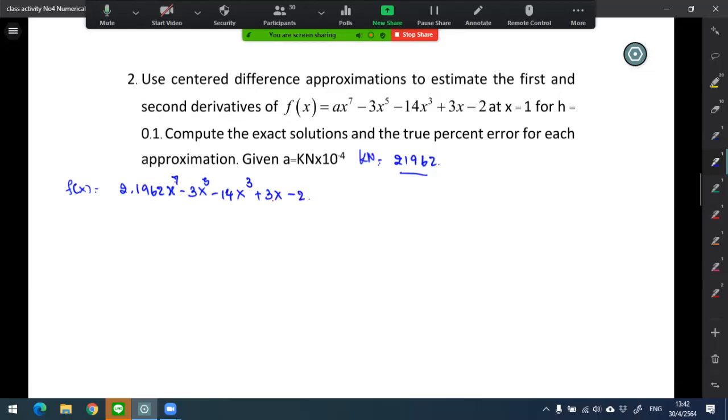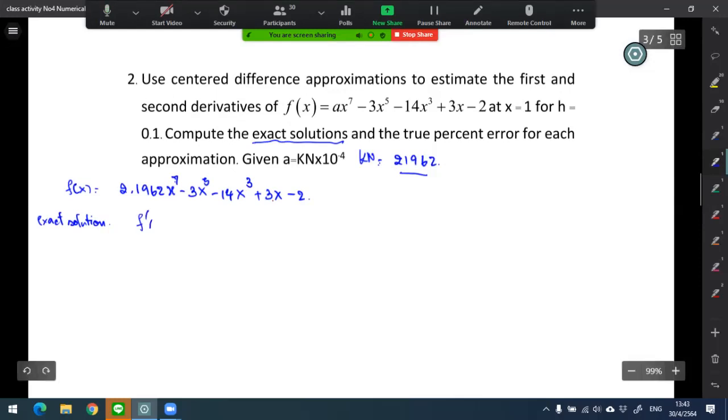For this problem we have to determine the exact solution also, so it should be better if we solve the exact solution first. Because it is a simple problem, we can solve for the exact solution analytically.